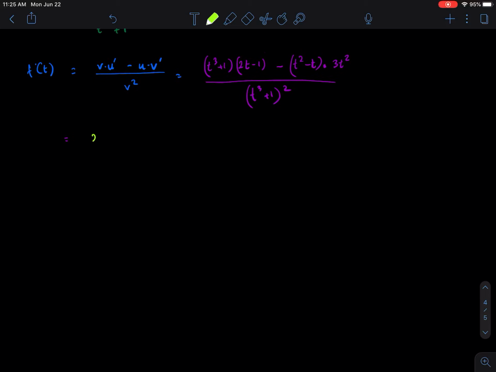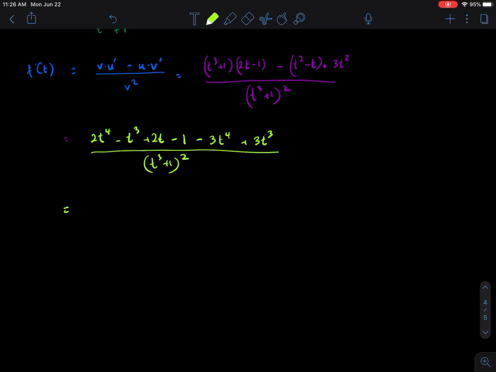So that would be 2t to the fourth minus t to the third plus 2t minus 1 minus 3t to the fourth plus 3t to the third over t to the third plus 1 squared.